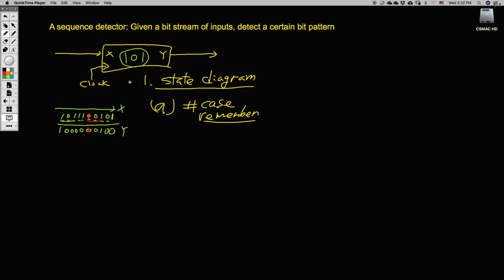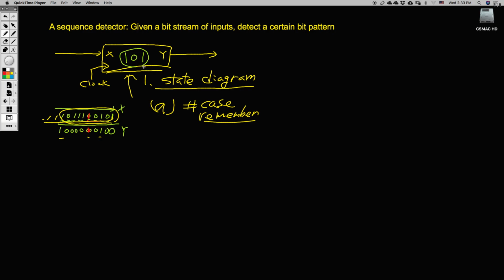In this example, if the system remembers all input bit streams, then the system can correctly say whether a bit pattern has been detected or not. However, the problem with remembering everything is that if millions or billions of bits come in, the system requires too much memory.